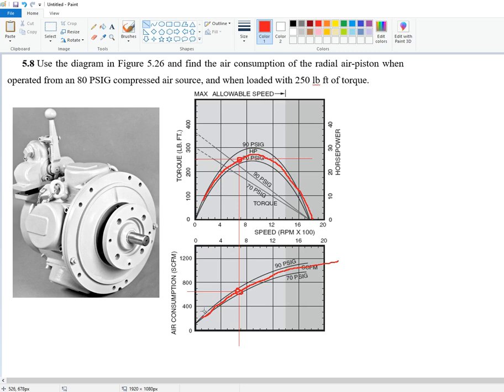Okay, so it appears to be 400, 500, 600, 650 standard cubic feet per minute air consumption.